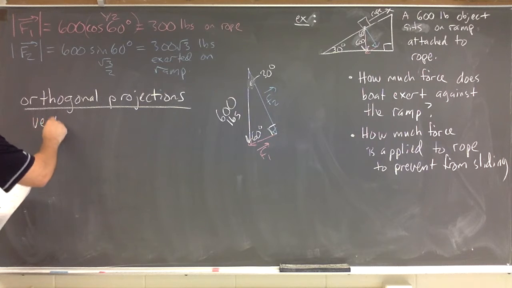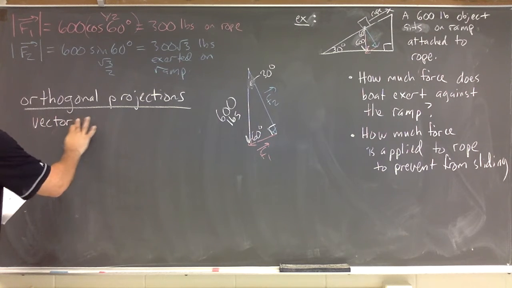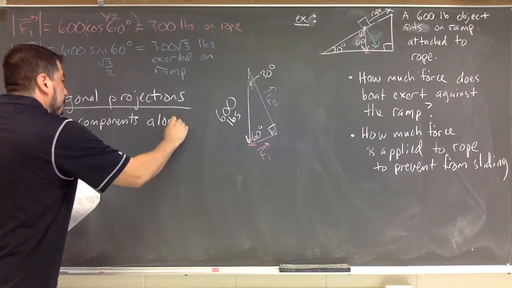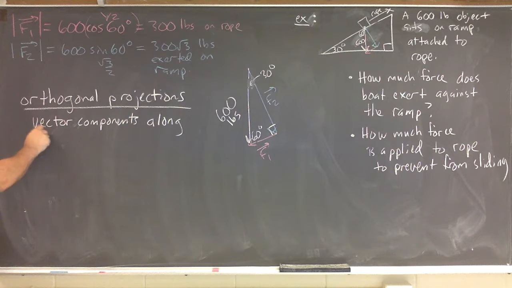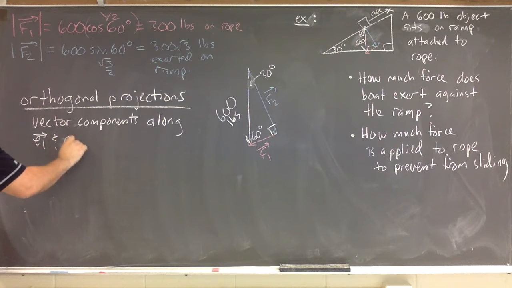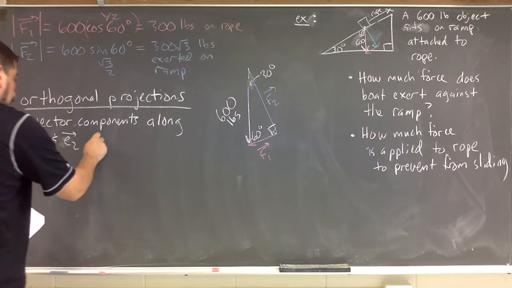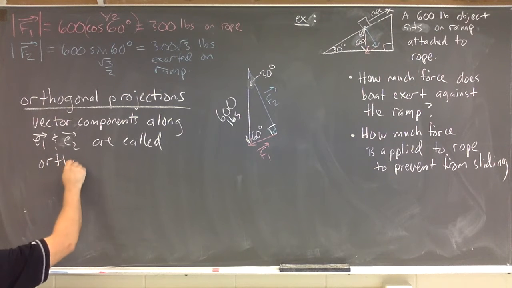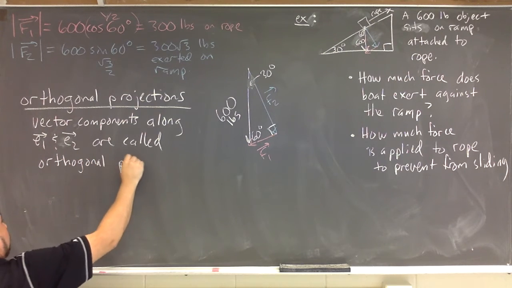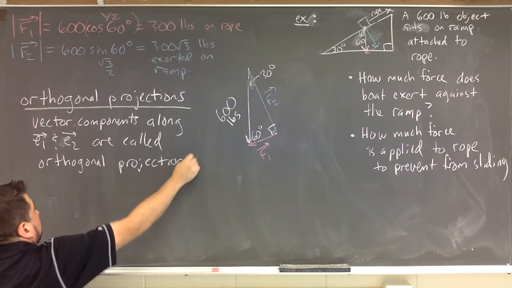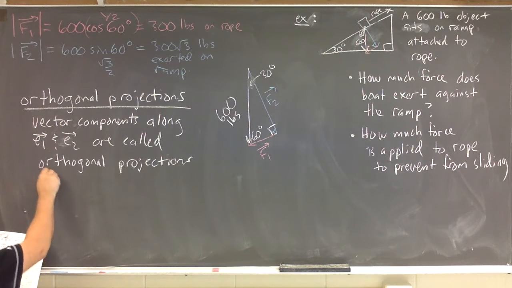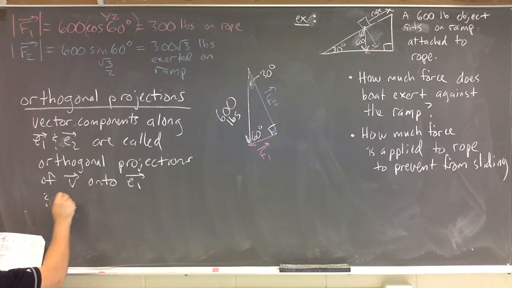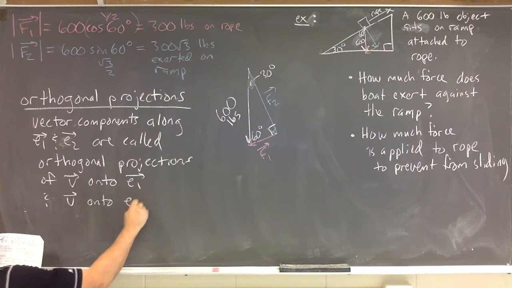But the vector components along E1 and E2 from before are also called orthogonal projections of V onto E1 and V onto E2, respectively.